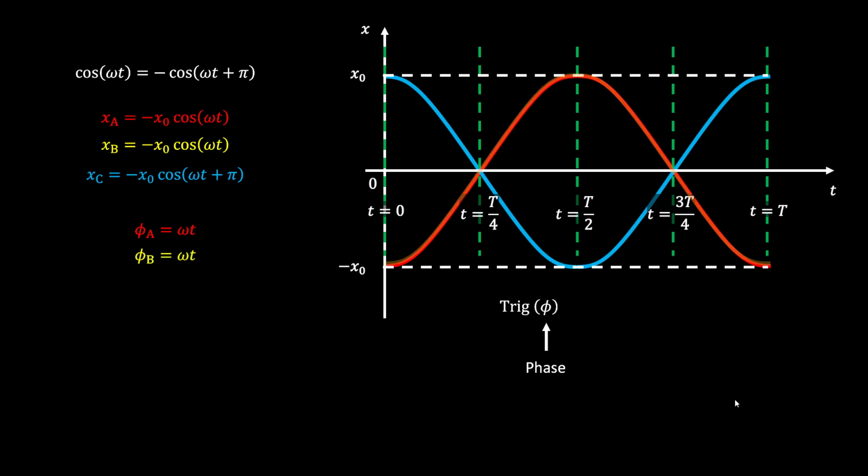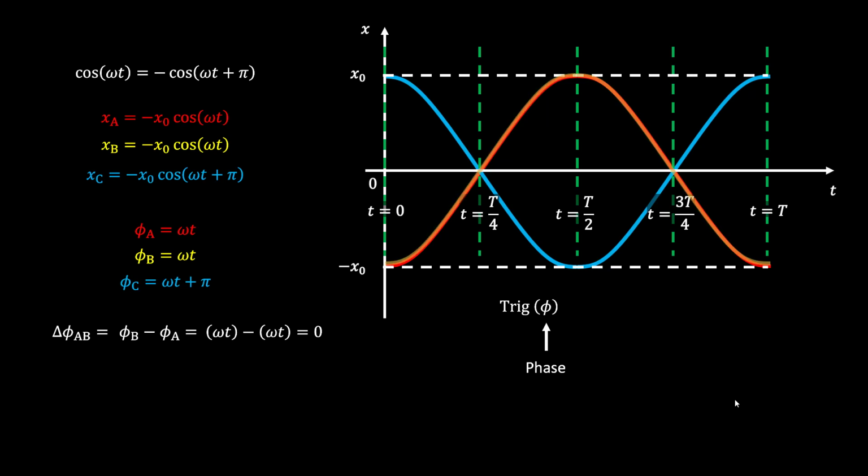Phi of B is also equal to omega t, and phi of C equals omega t plus pi. So the phase difference between A and B, which we denote as delta phi AB, is equal to phi B minus phi A, which is equal to omega t minus omega t equals 0.